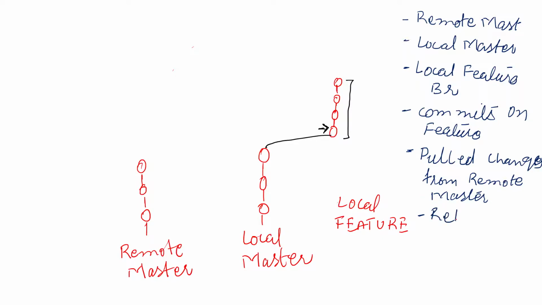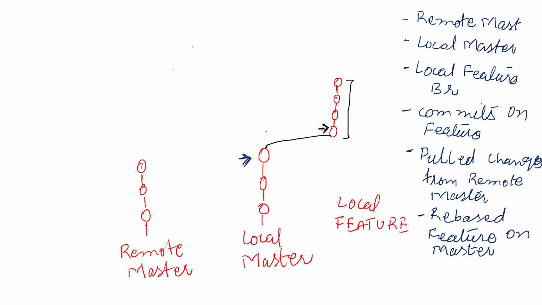We rebase. Now this is the important point. We rebase the feature on master. But as you see, the local master branch is still pointing at this commit.